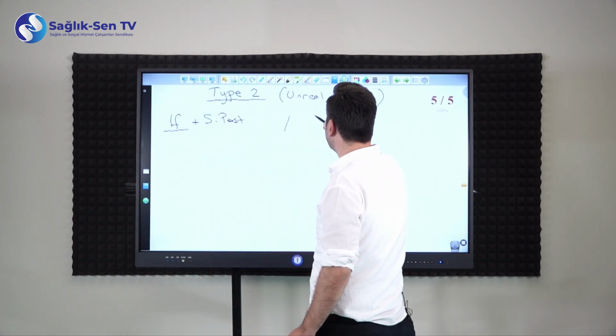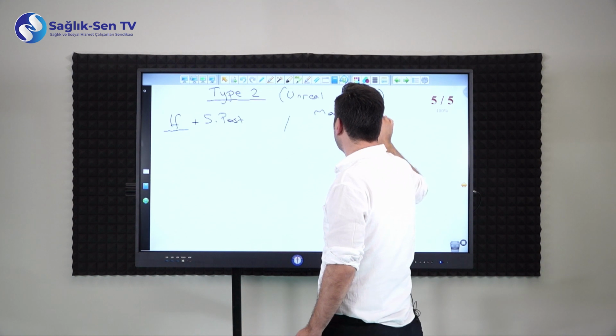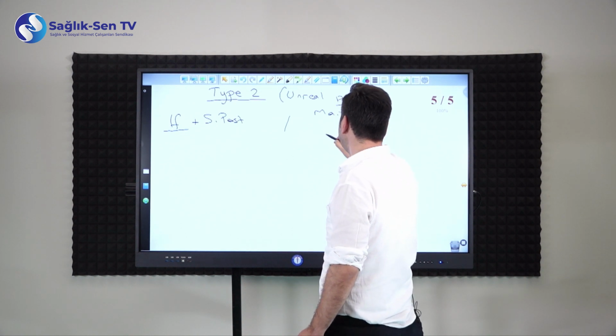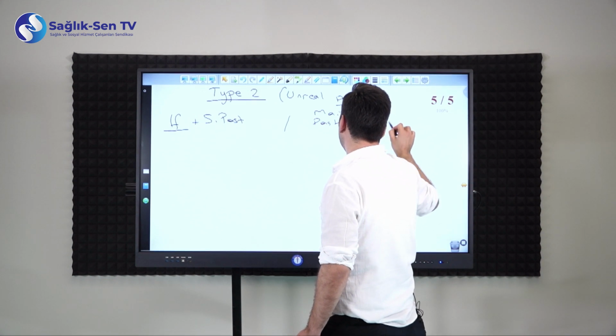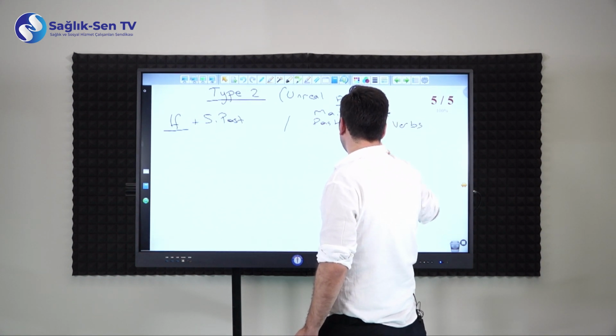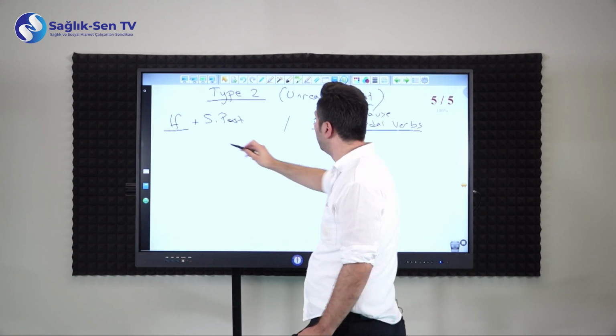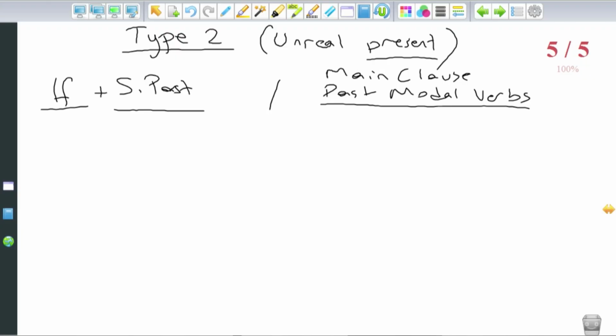So, in my main clause, I use past modal verbs. After if, I use a sentence by using simple past. In my main clause, I use a sentence by using the past modal verbs. What are they?